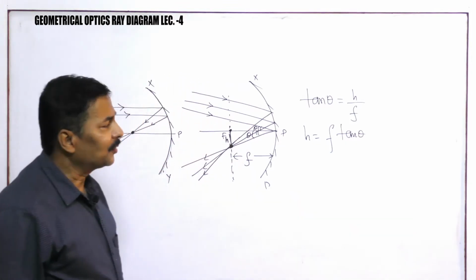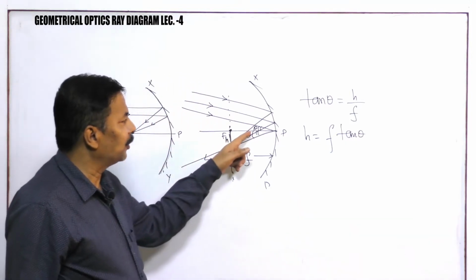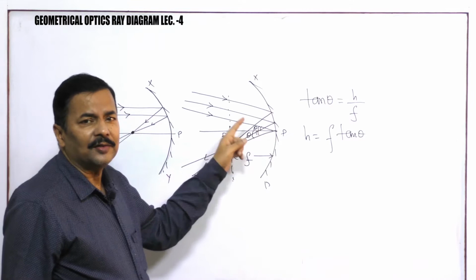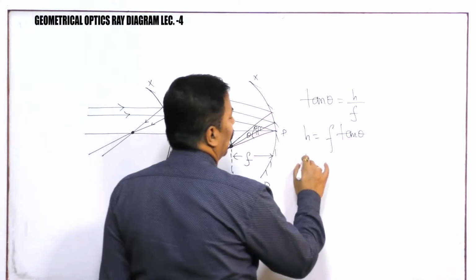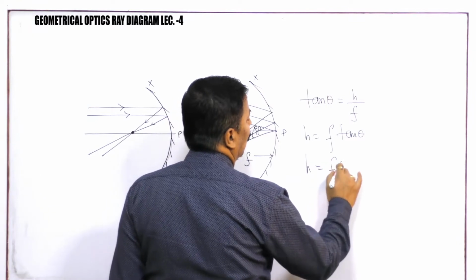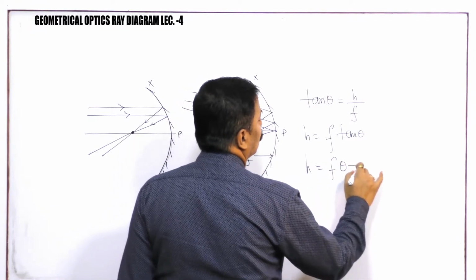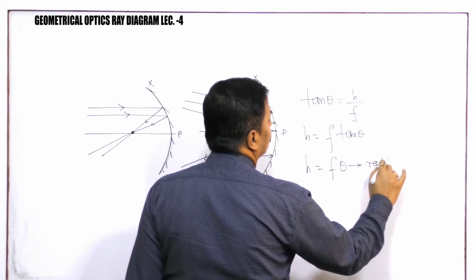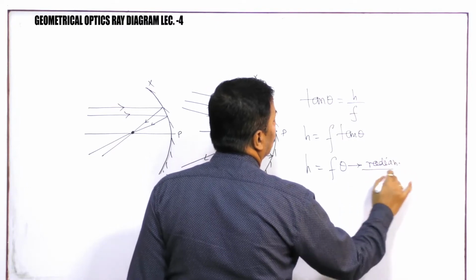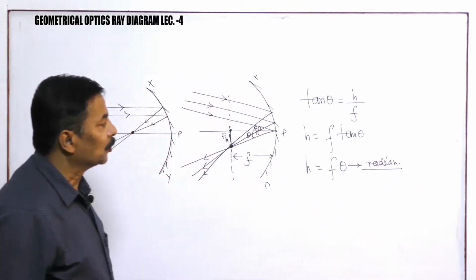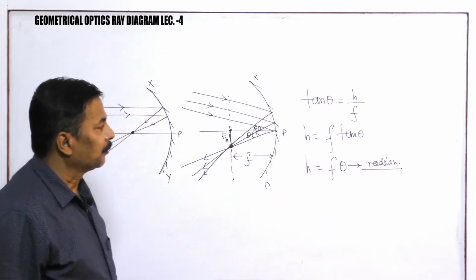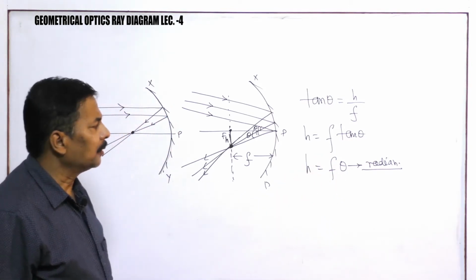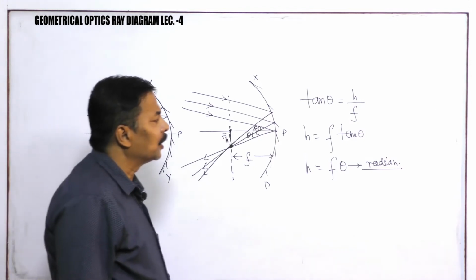Now to understand a thing, if theta is small, sin theta is equal to theta, tan theta is equal to theta. So h is equal to f theta, but theta should be in radian. Theta should be in radian. So h is equal to f theta. One more thing here I would like to tell you.